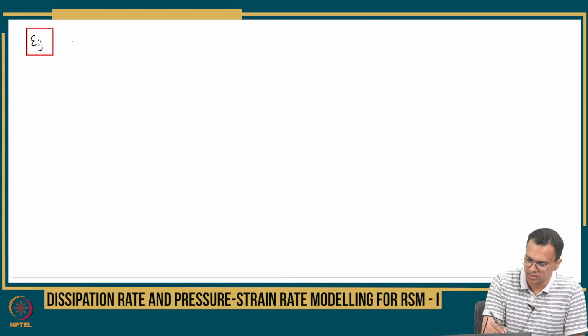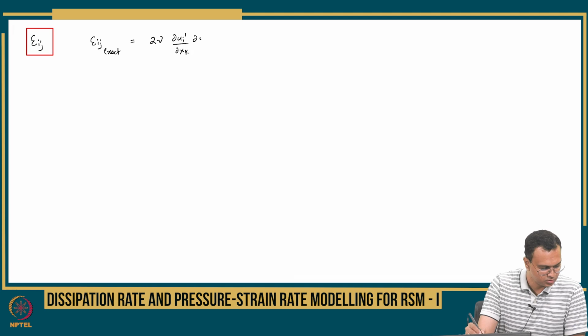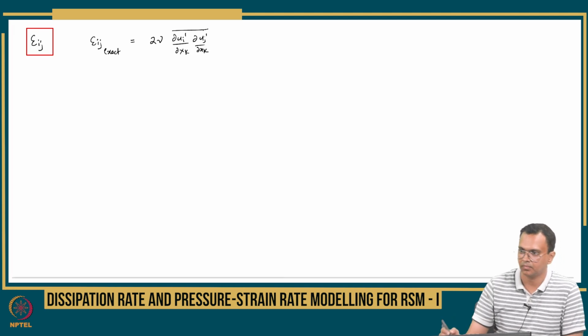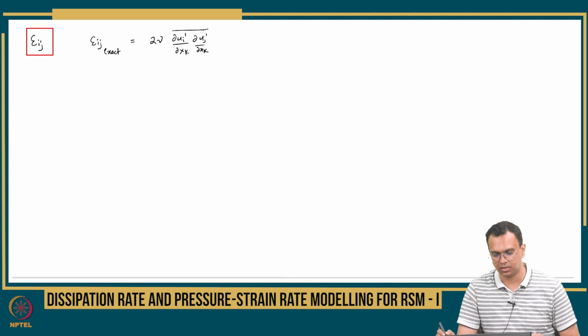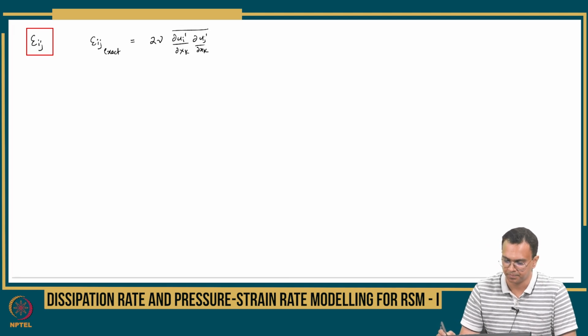Epsilon ij exact in the formula is 2 nu dou ui prime by dou xk dou uj prime by dou xk, in the epsilon ij or the Reynolds stress equation.